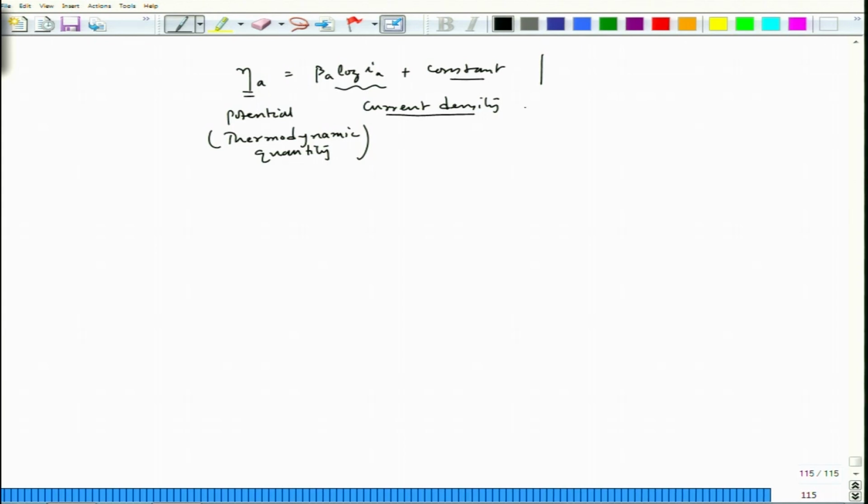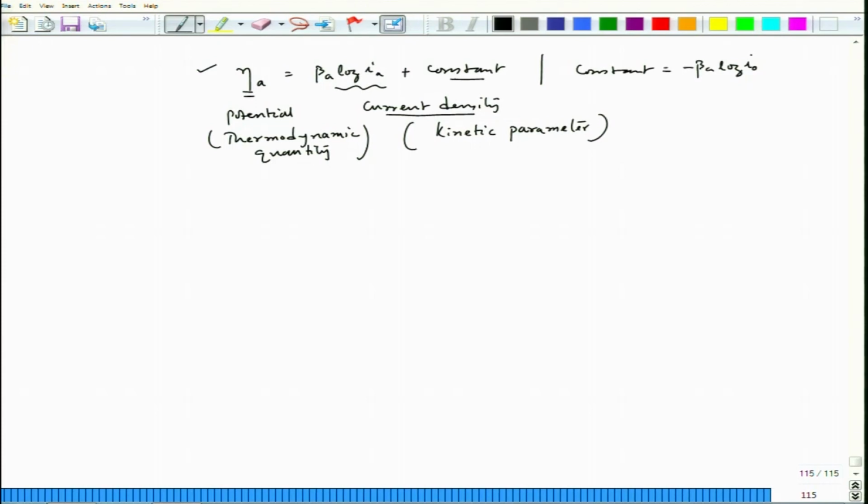This part also involves current density, because this constant is nothing but βa of log I with a minus sign, log I0. This is the exchange current density. So, this is current density, this is a kinetic parameter. So, this equation relates thermodynamic quantity with the kinetic parameter.